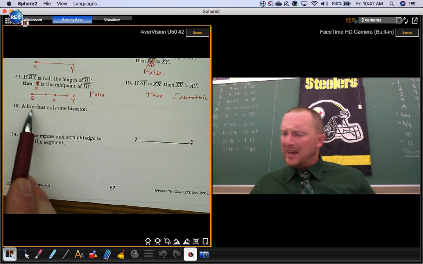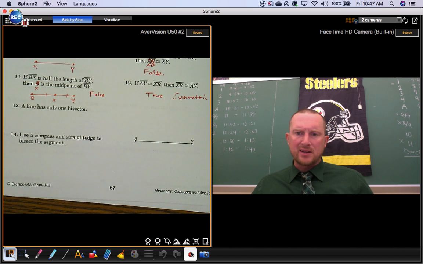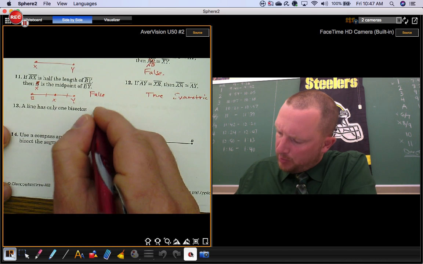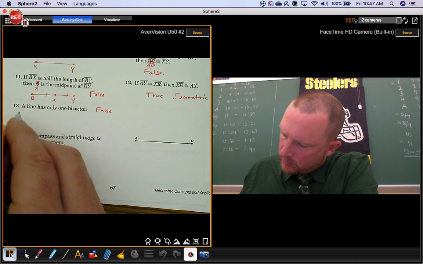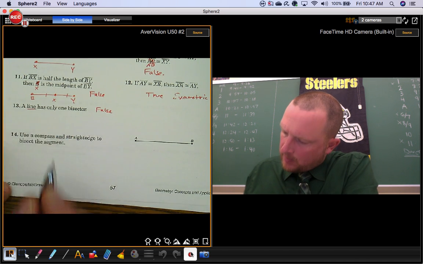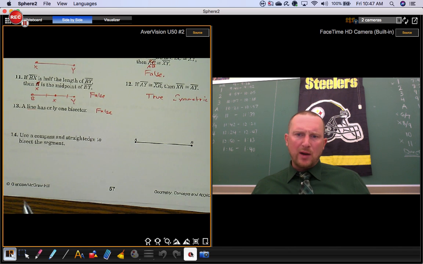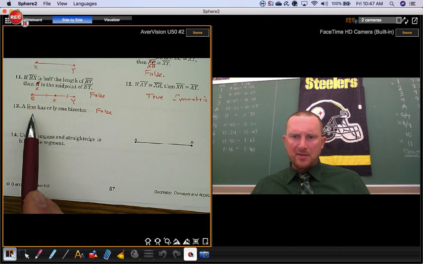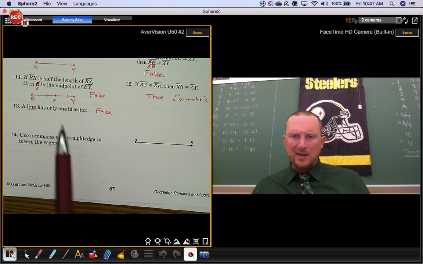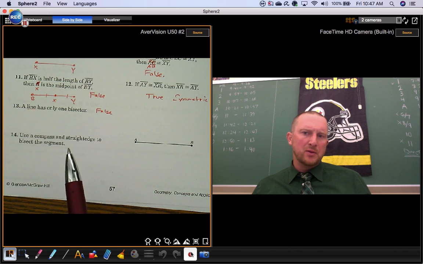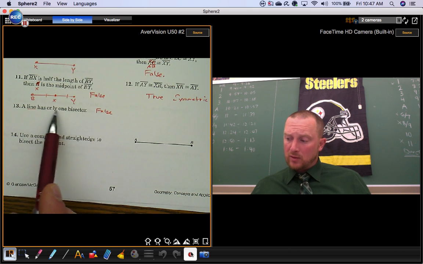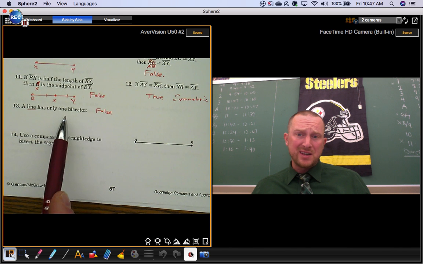Number 13, a line has only one bisector. This is kind of a bogus question. You don't know how long a line is. A line has infinite length. So how are you going to cut it in half? You can't do that. A segment has only one bisector. That makes more sense as a question.